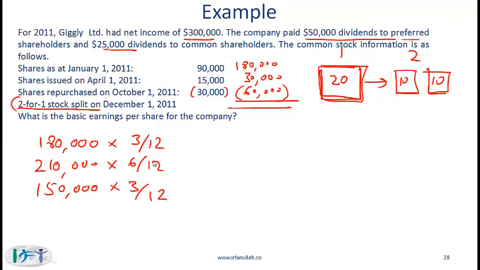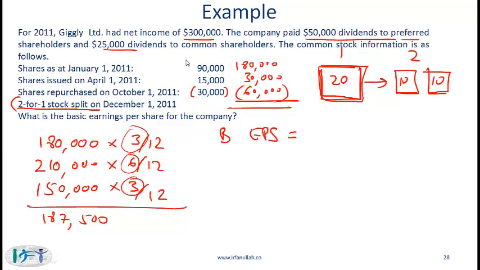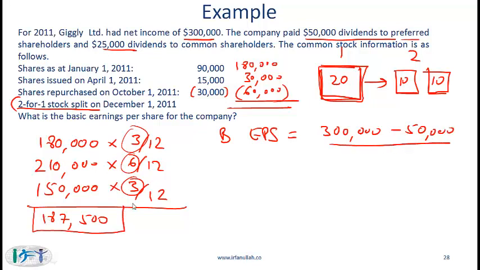3/12. Whenever you do this calculation, these numbers need to add up to 12. If you do this calculation, you should get 187,500. And then going back to our formula, the basic EPS is equal to the net income of 300,000 minus the preferred dividend of 50,000 divided by the weighted average number of shares outstanding, which is 187,500.